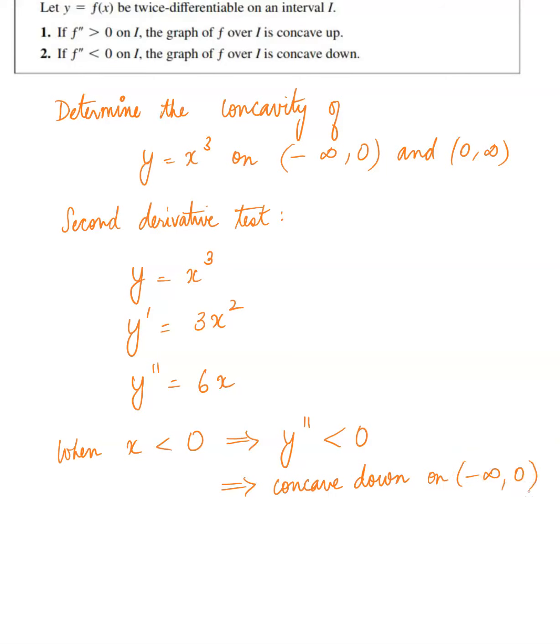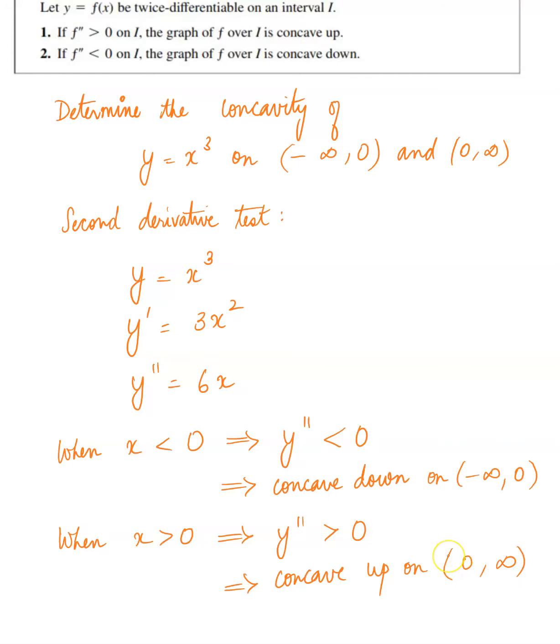Those are all the negative values. And when x is positive, 6 times a positive number will be positive, so y double prime is positive, which makes it concave up from the second derivative test. And that's going to be for all positive numbers, 0 to infinity.